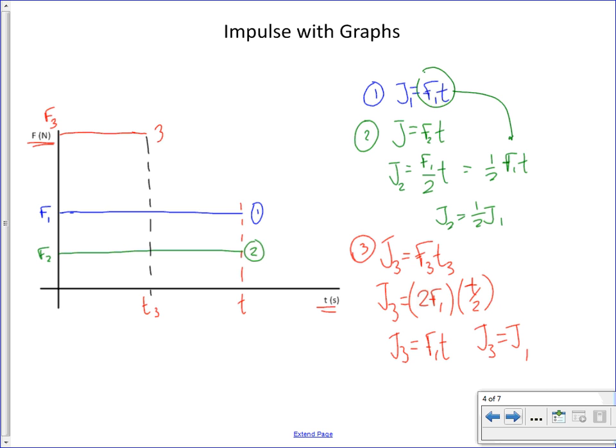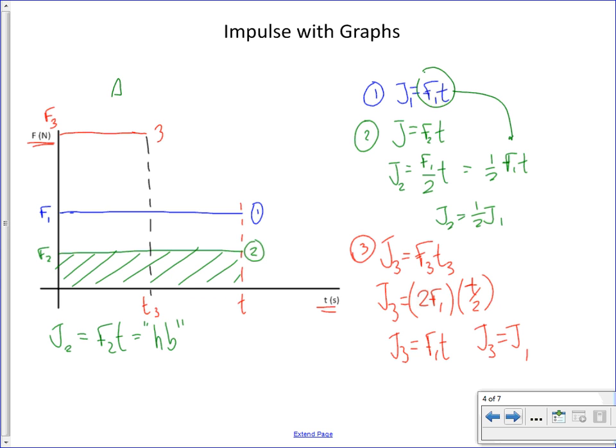Now notice also, what are we actually finding when we do F times T on this graph? Let's look at the example of case 2. F2 times T is just like saying base times height. So J2 is F2T, which is the same as height times base.